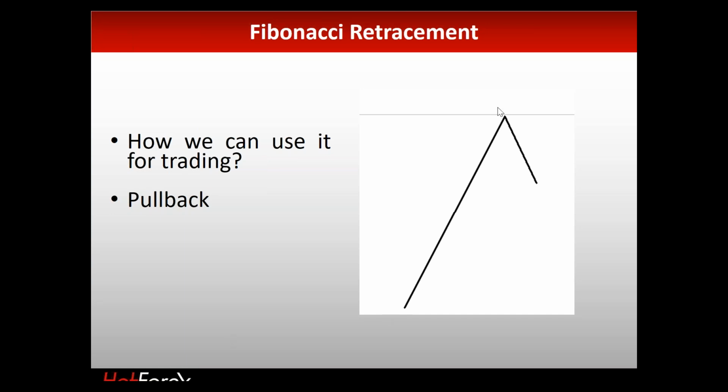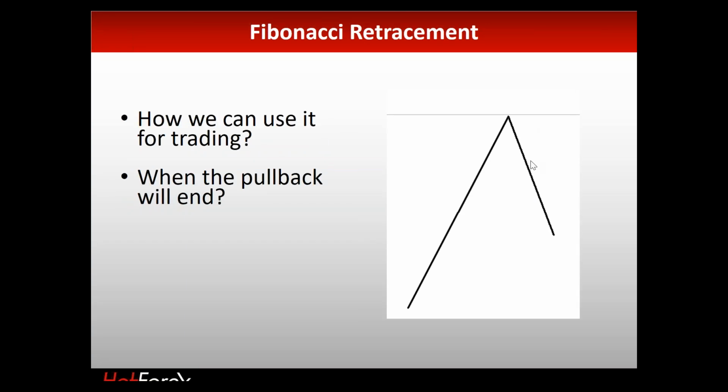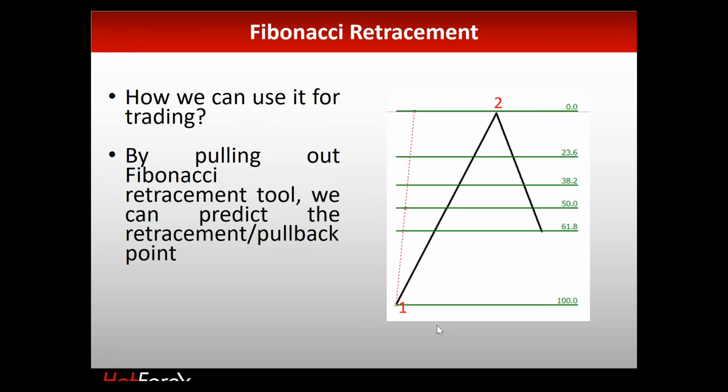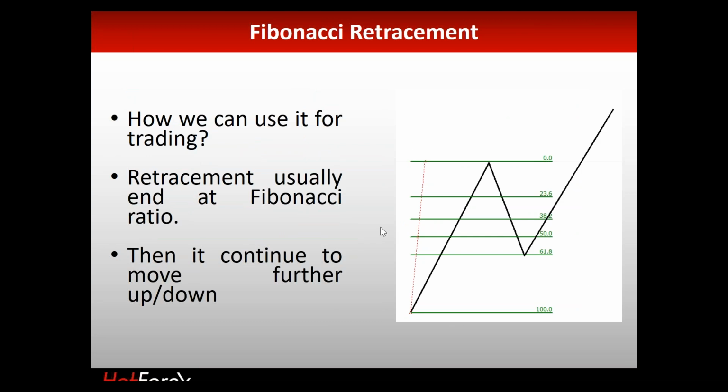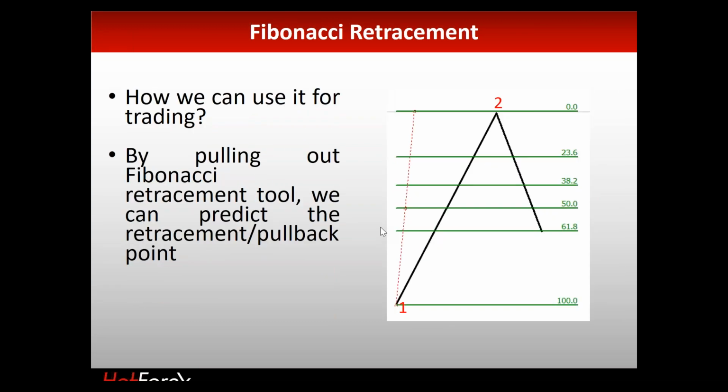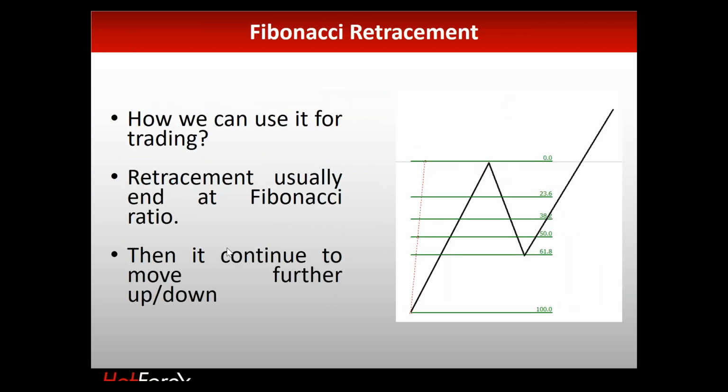When the price is in an uptrend, for sure it will have a retracement. When it retraces, we call it a pullback. So where it will stop, basically we can use Fibonacci to find the ratios. Fibonacci retracement can be used for trading, but in a while I will show how to combine Fibonacci retracement with price action.